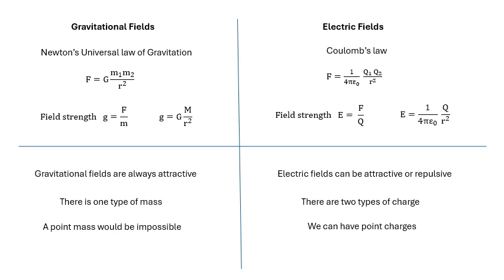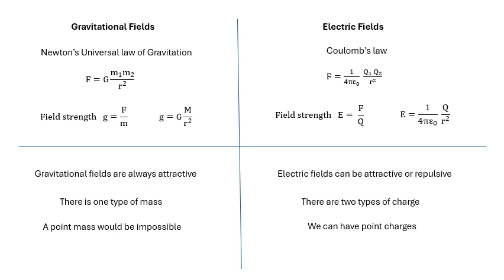Some differences. Gravitational fields are always attractive. Electric fields can be attractive or repulsive, depending on the charges. There is one type of mass. There are two types of charge, positive and negative. A point mass would be impossible because a point mass would have infinite density.